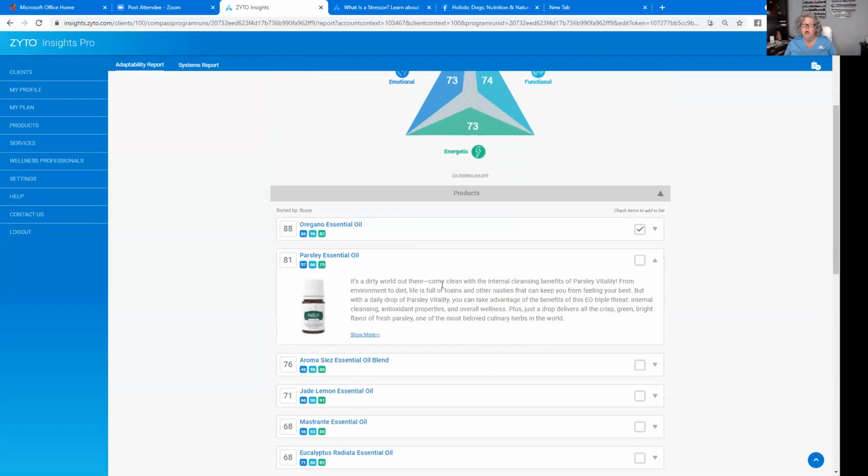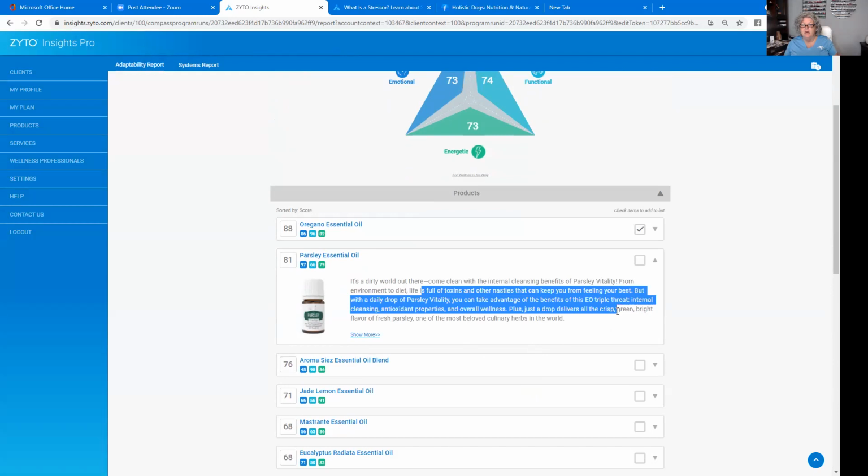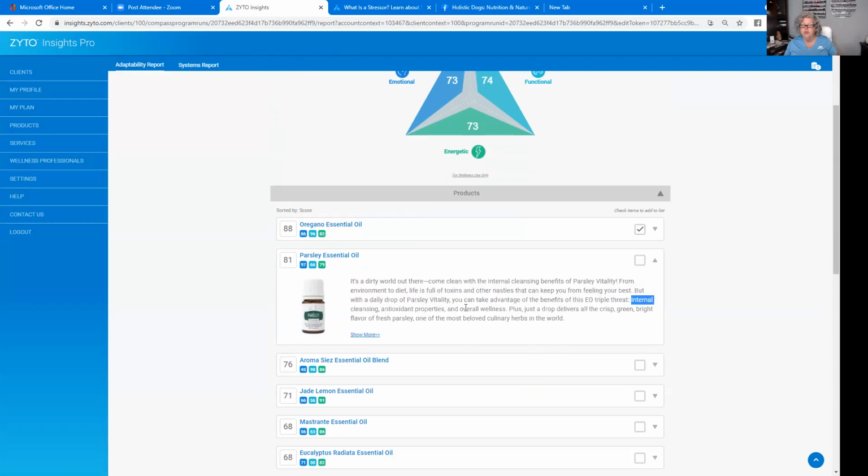and go, oh, life is full of toxins and other nasties that prevent you from feeling your best. But this is focused on internal cleansing and antioxidant properties.